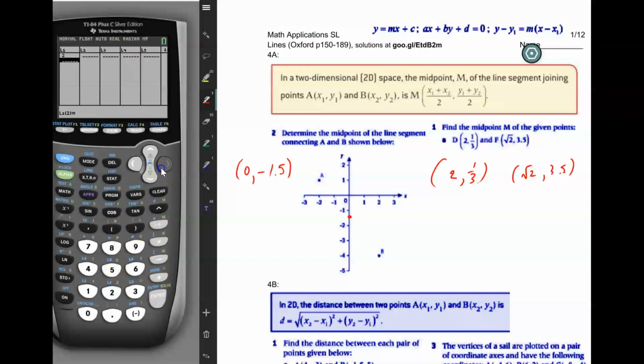And if you want to put 1/3 in, all you need to do is do 1 divided by 3. And square root of 2, which we just put square root 2. And for the y value, we put 3.5. And then we just do stat calc 2varstats again.